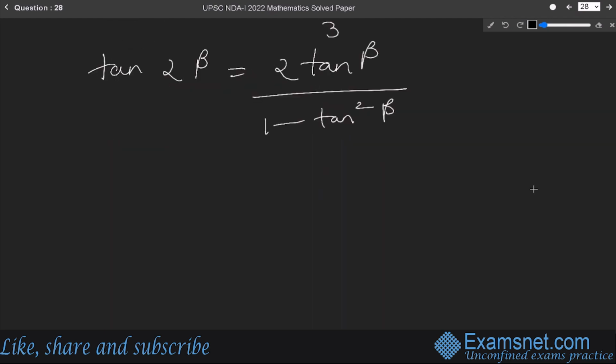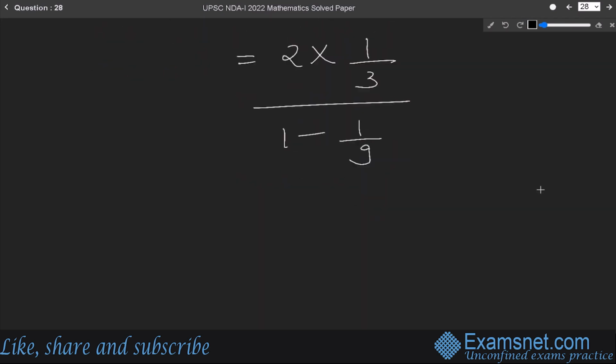So now when we put in the values, we get 2 into 1 by 3 upon 1 minus 1 by 9. Further, when we solve it, we get 2 by 3 upon 8 by 9.